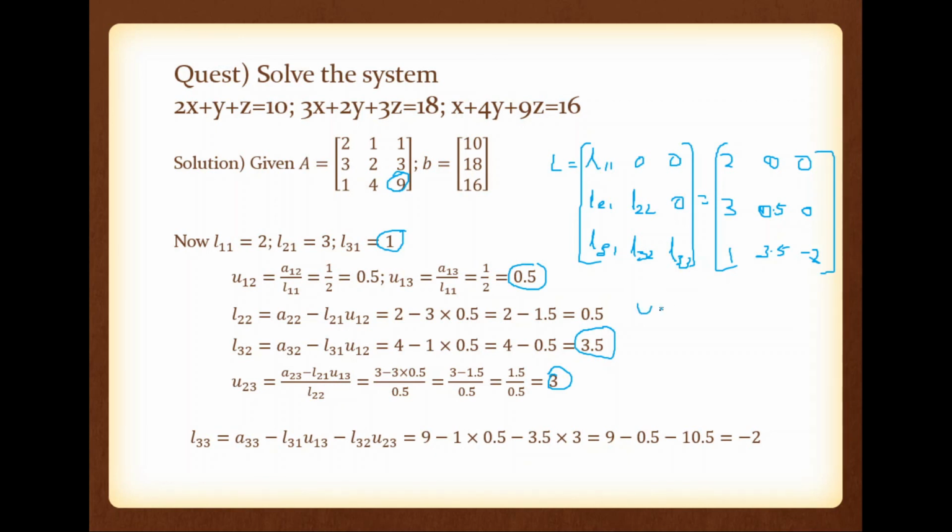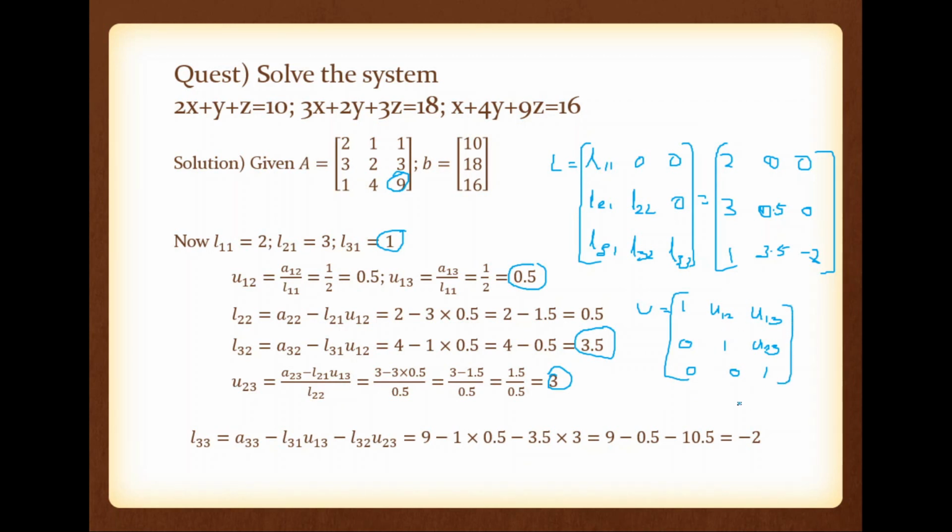U is equal to 1, U12, U13, then 0, 1, U23, then 0, 0, 1. So equal to what?